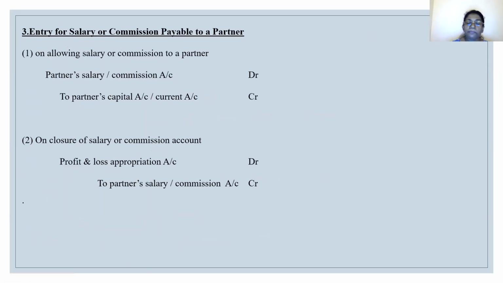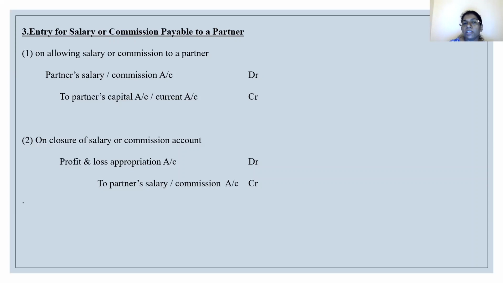So normally, when it comes to salaries or commissions payable to partners, the partners have the right to earn salary or commission for the service provided to the partnership. But it is not compulsory to give a salary or commission to the partners.